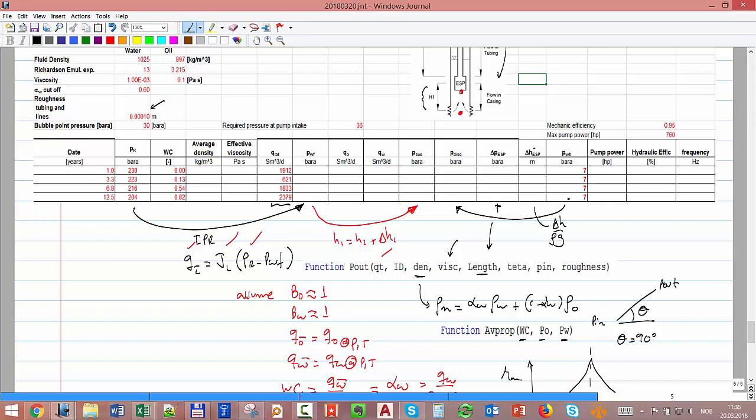Is that clear? What is the delta P of the pump? P discharge, we want to make it positive, minus P suction. Delta P, yeah, that's correct.